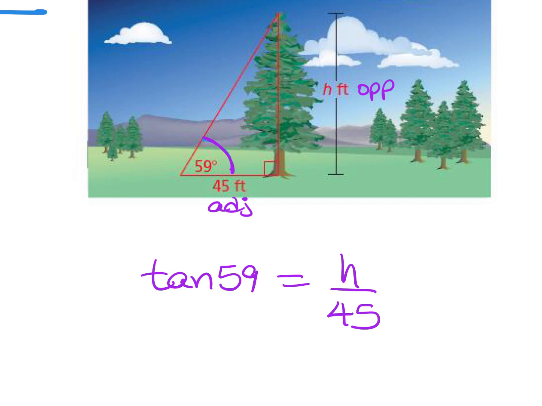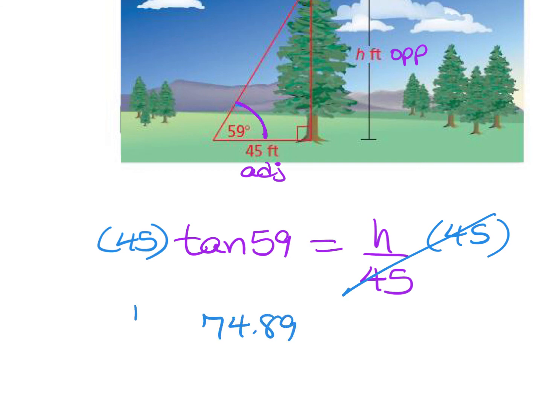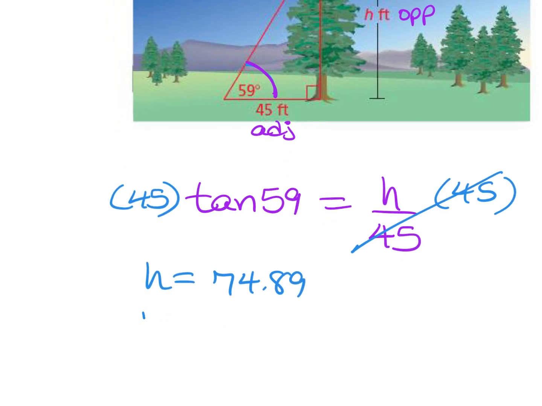I'm going to solve for h by multiplying both sides by 45. It cancels. 45 times the tangent of 59 gives me 74.89 something. Rounded to the nearest foot, which means whole number, the height of the spruce tree is 75 feet tall.